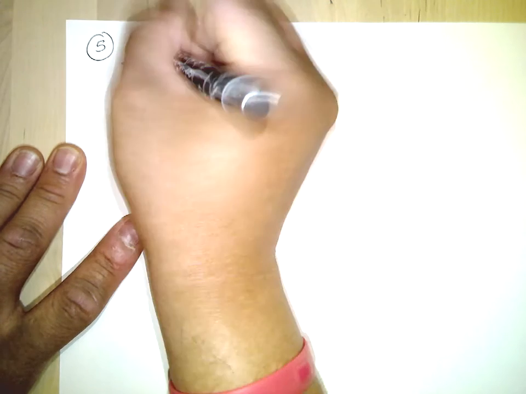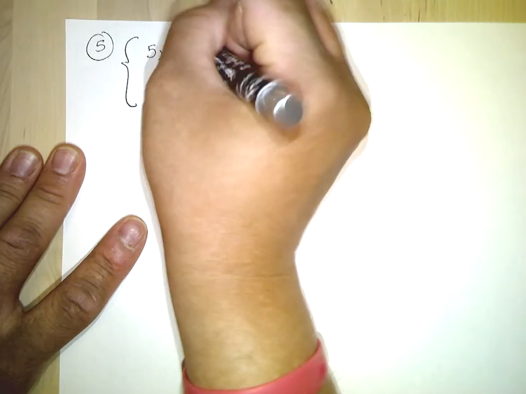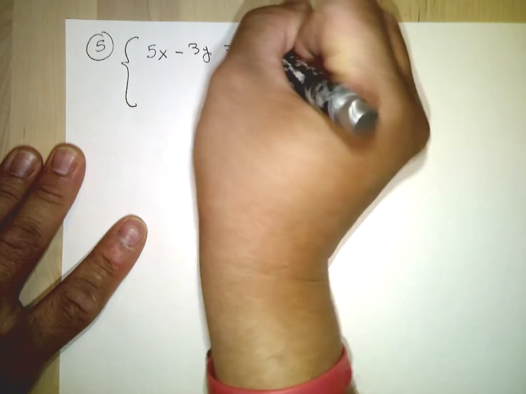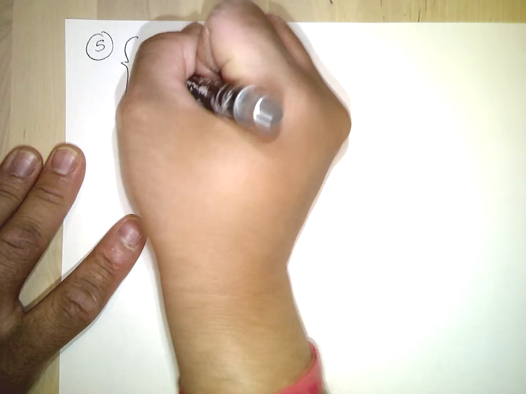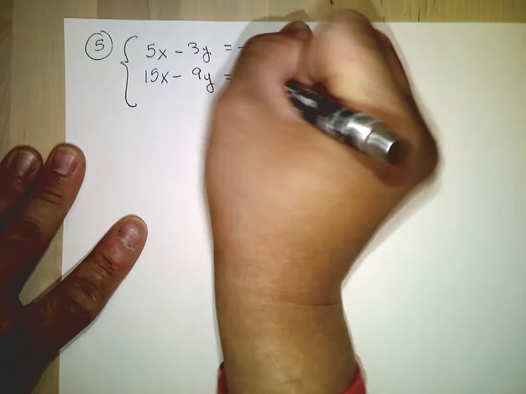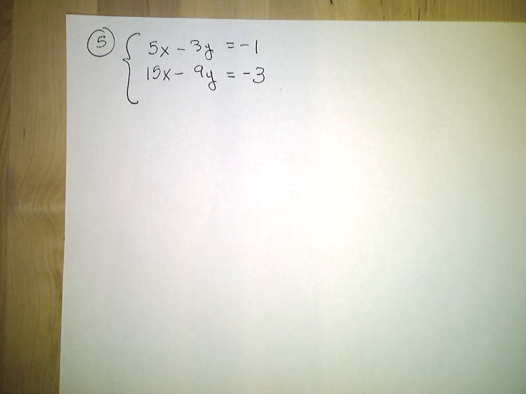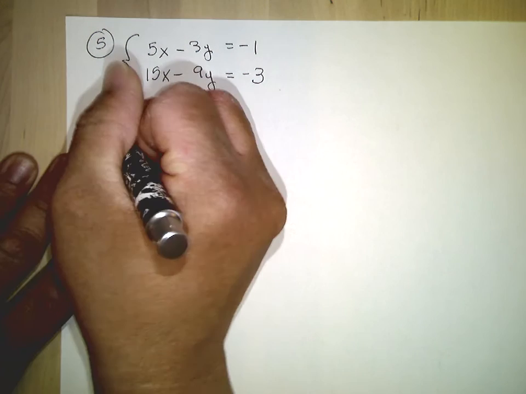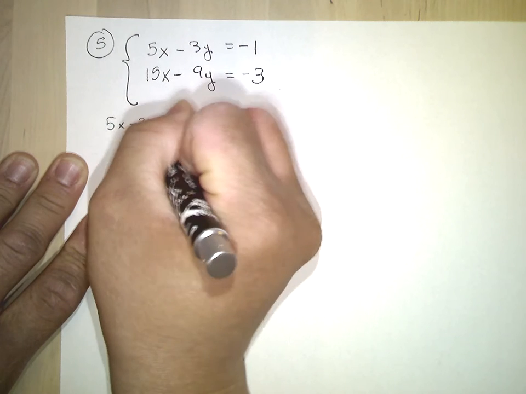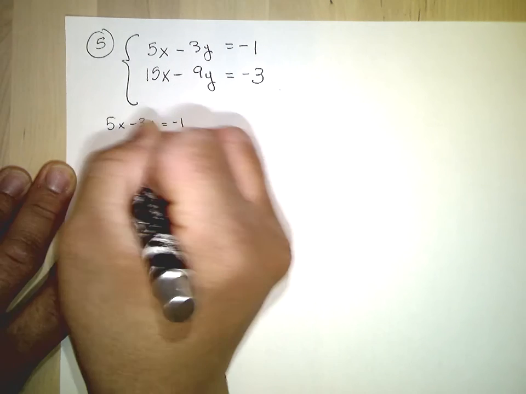So we have 5x minus 3y is negative 1, and 15x minus 9y is negative 3. So let's go ahead and solve one of these equations for x or y. So 5x minus 3y is negative 1.